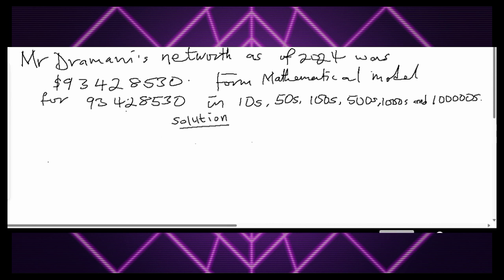Basically, we're going to write out the figure first, which is 9, 3, 4, 2, 8, 5, 3, 0, right? And we're going to try to expand this figure, because we want to write this number in multiples of the figures that we have here. In our multiples, we should see the tens, the 50s, the hundreds, the 500s, thousands, 100,000s.